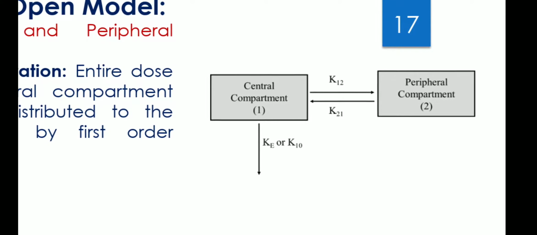So here in the central compartment, there is no absorption constant because the drug is directly entering the central compartment and it gets distributed to the peripheral compartment by K12 and K21. These are the rate processes for distribution, and Ke or K10 is the elimination rate constant.